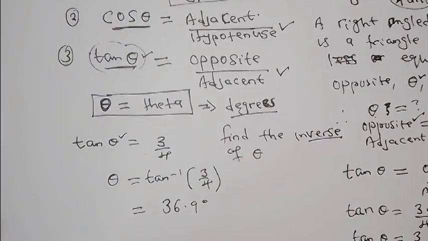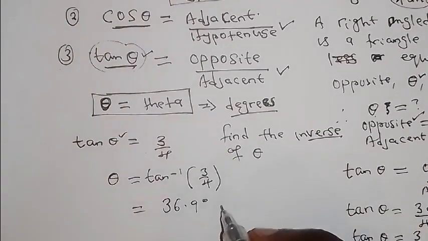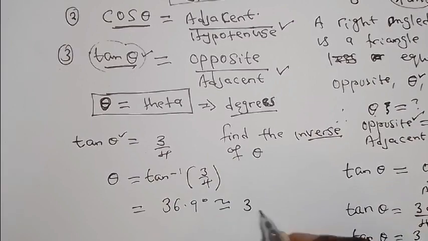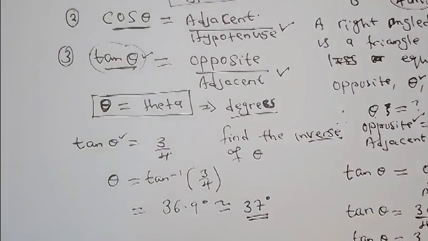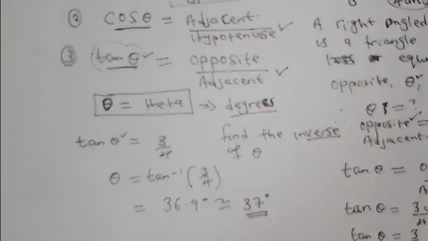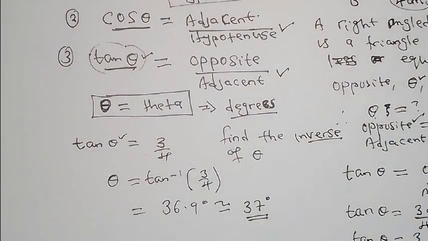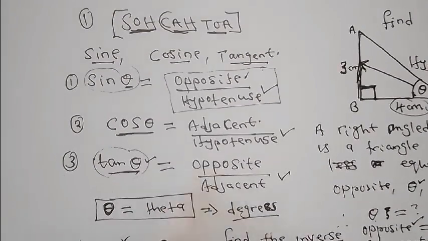This 36.9 degrees is the same as just 37. So that is basically the answer to this question. That is how you can apply these trigonometric ratios. Make sure you understand that.